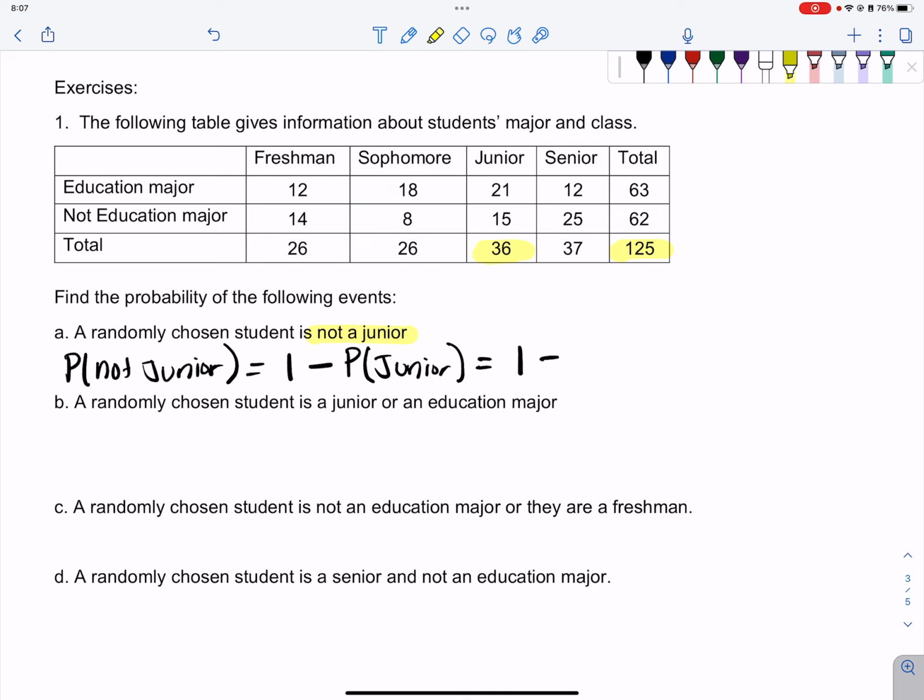So we are going to be subtracting off 36 over 125. So we have 1 minus 0.288, which then will give us 0.712 for our probability that they are not a junior.